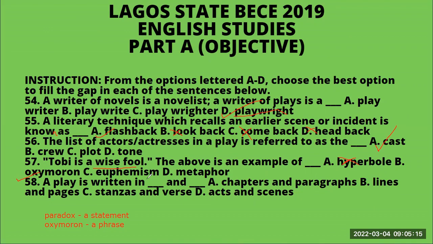Or instead of saying you want to visit the toilet, you say you want to visit the restroom, or you simply ask where can I find the conveniences, right? Or I want to visit the gents if you are a man, or I want to visit the ladies if you are a woman. So these are examples of euphemism. Then metaphor.